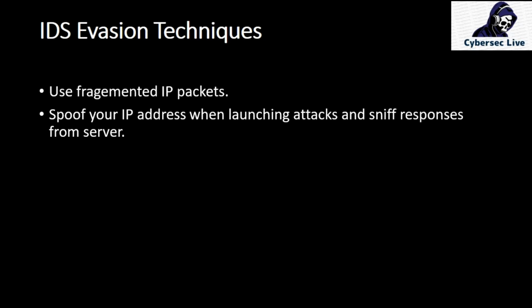But here you need to think about how you will spoof. Spoof means you will use a third party, you can say use another person's IP. You will spoof that IP, and then you will send to me. So at my end, what I will receive is the third-party person's IP, right?